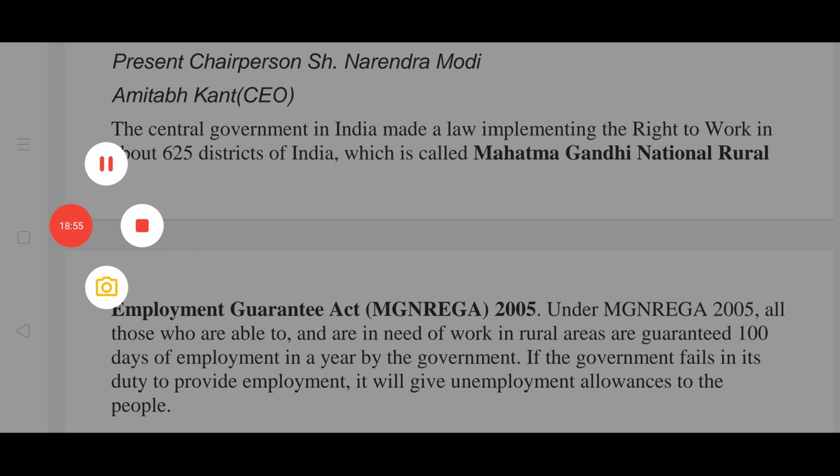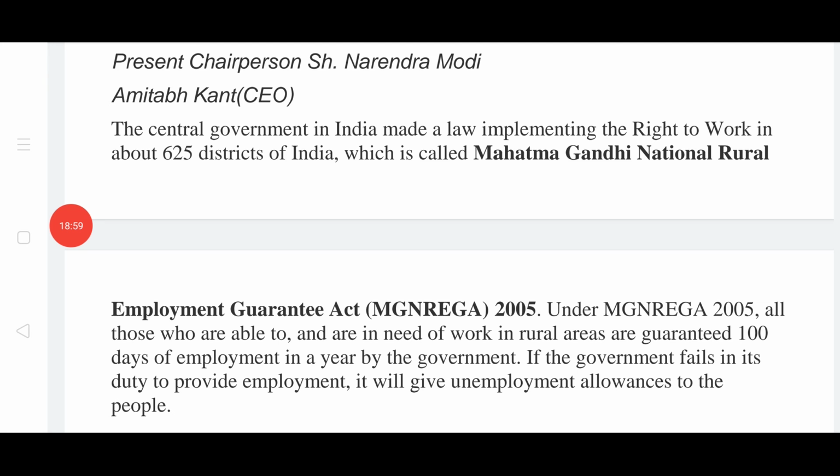So guys, in this video we have done a comparison among the three sectors, GDP-wise contribution of these sectors and their share in unemployment. And what is Niti Aayog, who is the current chairperson, who is the current CEO, and what is the MGNREGA Act and when it was launched, all these we discussed in this video.